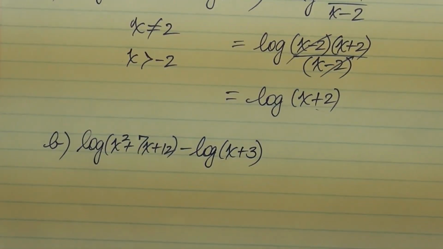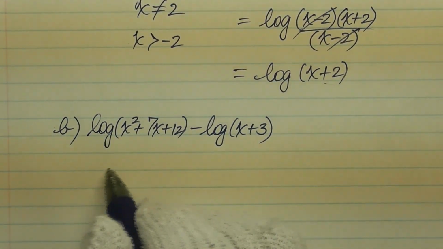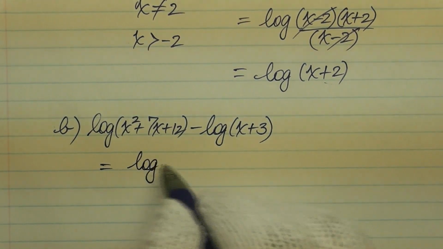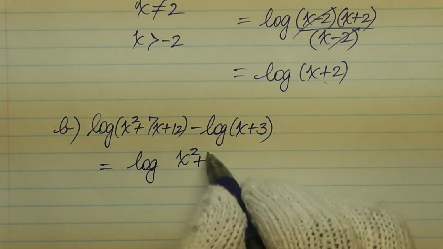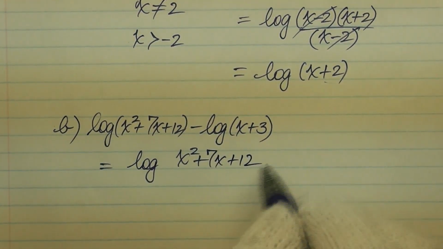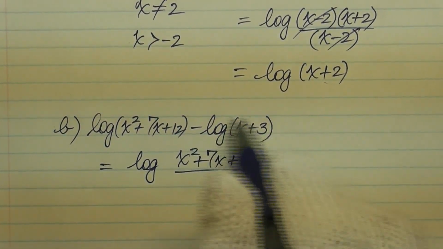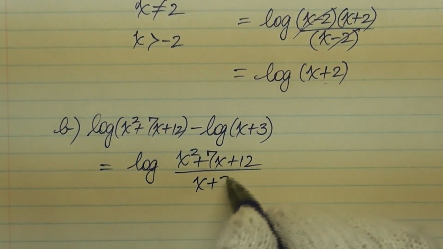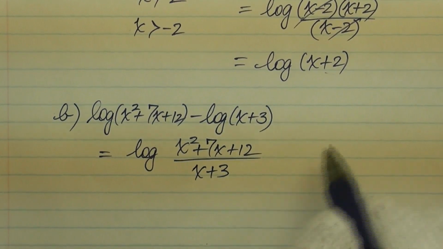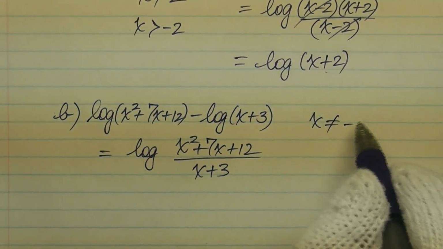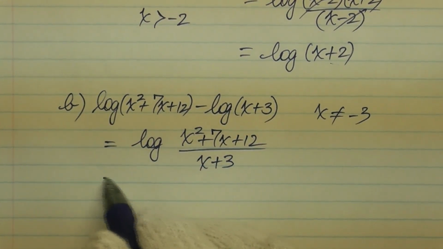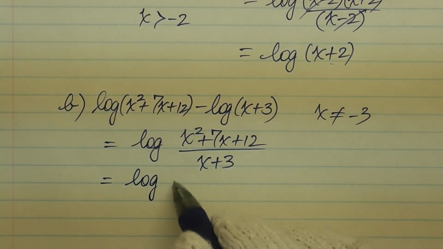Alright, so we go to B. This is equal to log of the top expression, and this one that's being subtracted goes on the bottom. So you can see right away that x cannot be negative 3. We do a little factoring on the top.